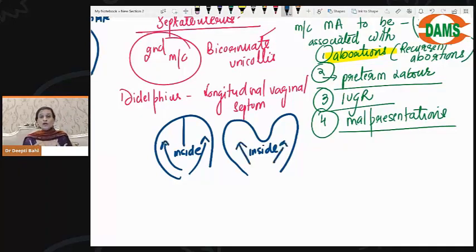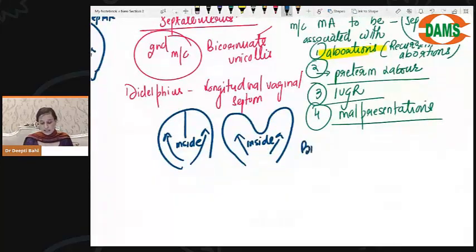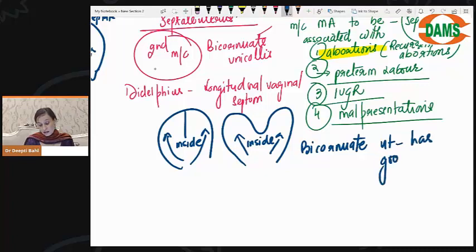Only if you look at the fundus will you be able to tell which one is septate and which one is bicornuate. Can bicornuate uterus cause abortions, preterm labor, IUGR, malpresentations? Yes, it can also cause all these problems. But generally speaking, bicornuate uterus has good reproductive outcome.